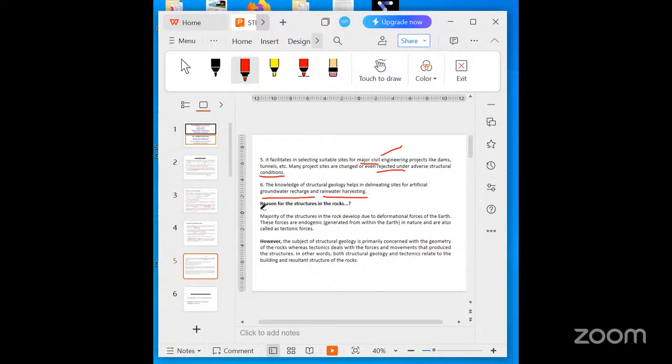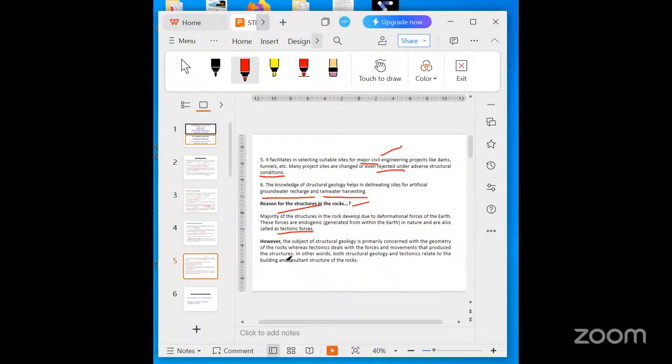Now the reasons for the structures in the rocks: the majority of the structures in the rock develop due to deformational forces of the earth. These forces are endogenic in nature, and those are also called tectonic forces, right?